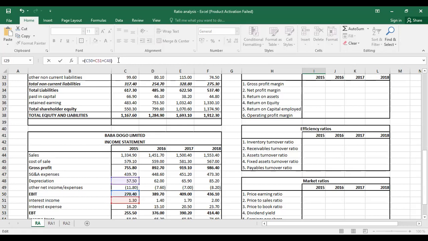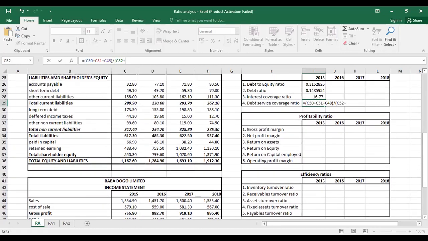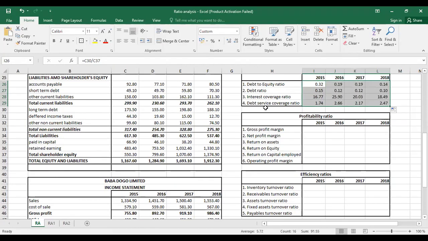You divide by our interest expense, so I'll open my bracket, our interest expense plus our debt, of which our debt is the 173 here for that year. I close the brackets, control enter. Remember here I'm not locking anything, I'm just doing it as it is. I'll put 2 decimal places, then I drag.